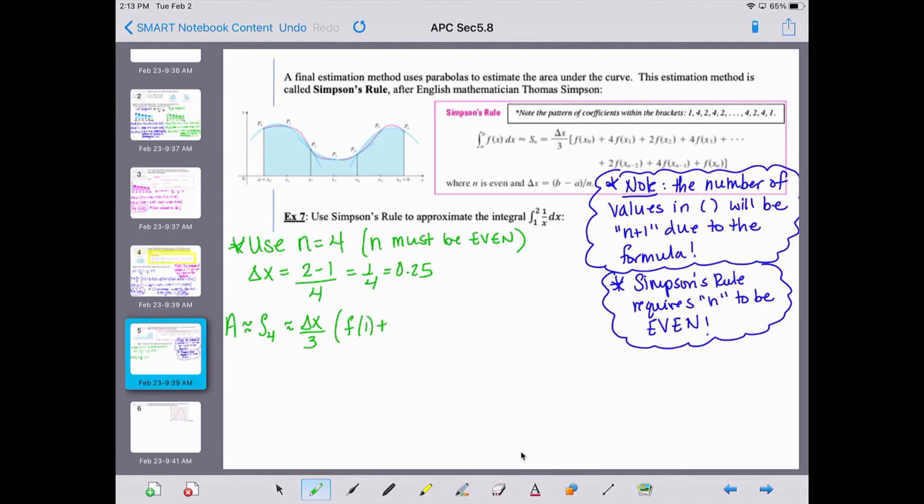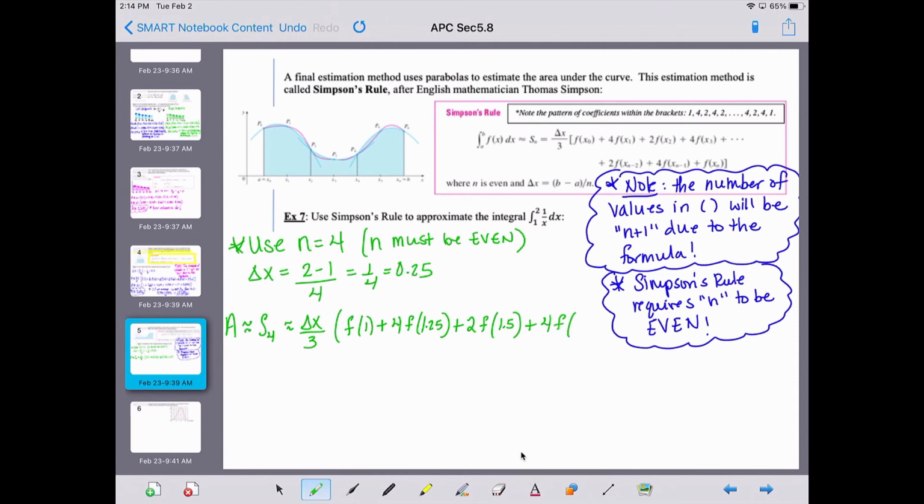Plus, the second value gets a 4. So 4 times, and if our delta x is 0.25, then the distance from 1 to the next point is going to be 1.25, right? So 4 times f of 1.25 plus, then the next coefficient in the pattern is a 2 times f of 1.25 plus 0.25, which is 1.5, plus, then we have to have a 4 again.